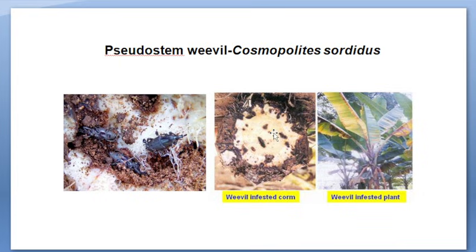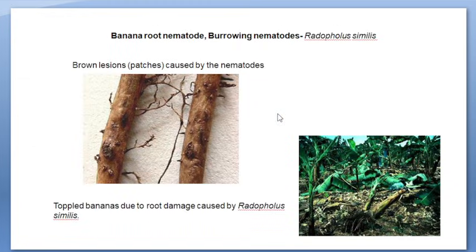From inside it starts eating all the food material, and in severe infestation the plant will fall down, or it is highly susceptible to lodging. So kerosene, sorry, chlorpyrifos we can use. We can give the injection, or we can inject it into the pseudostem.